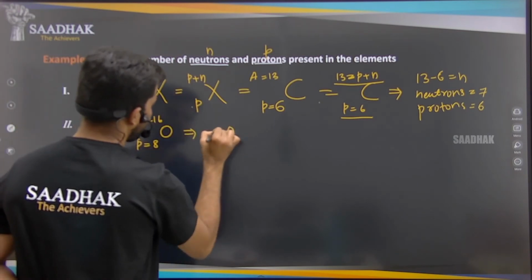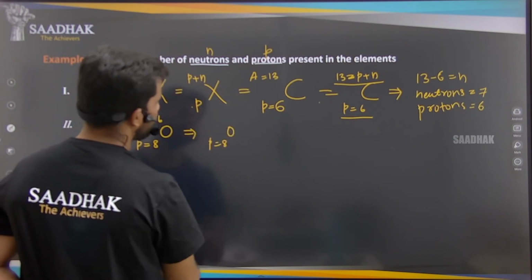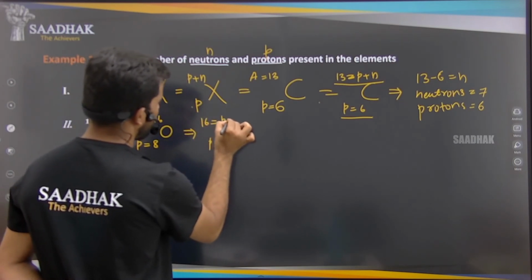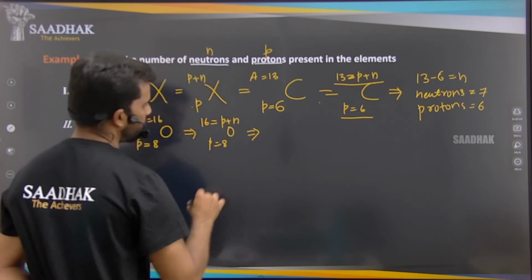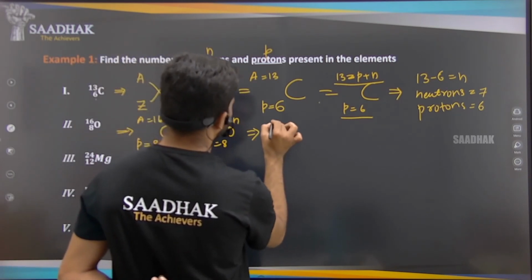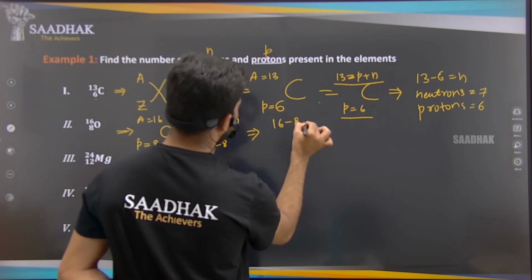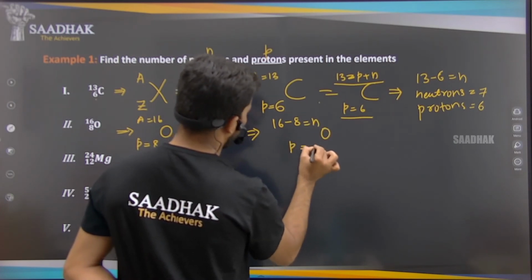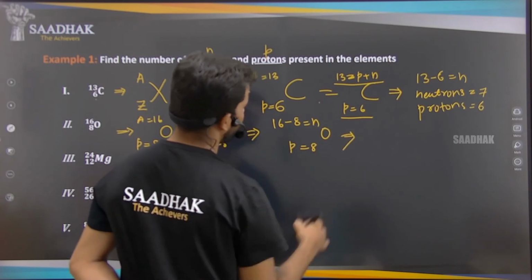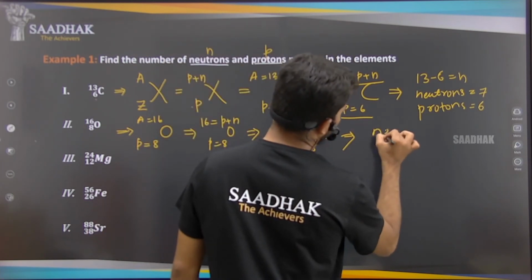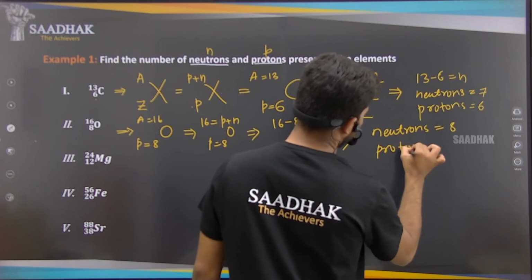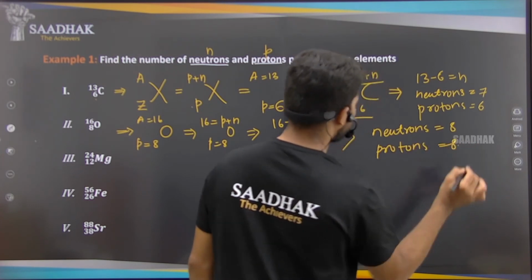So 16 equals P plus N. Simply, 16 minus 8 equals N. This is O and P equals 8. So finally, the neutrons are 8 and the protons are also 8.